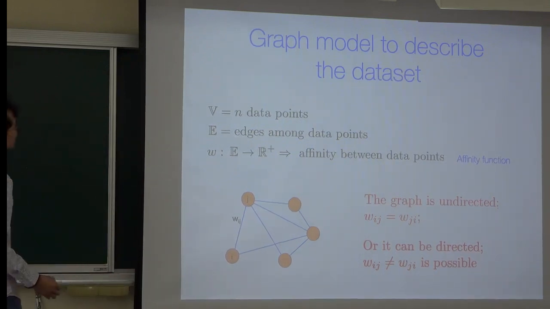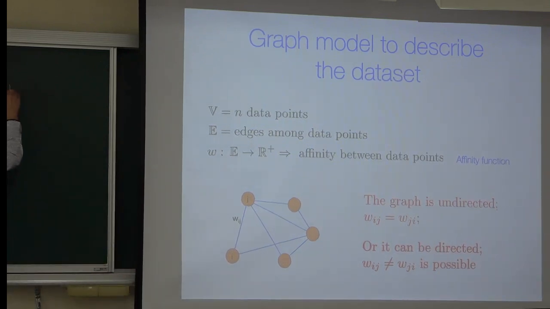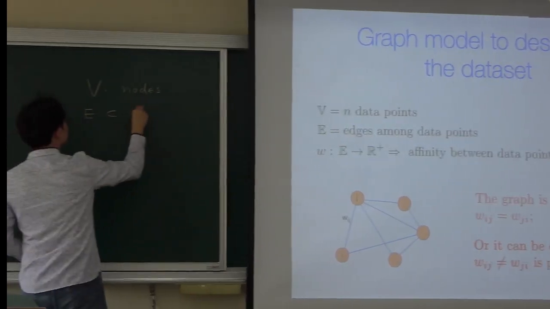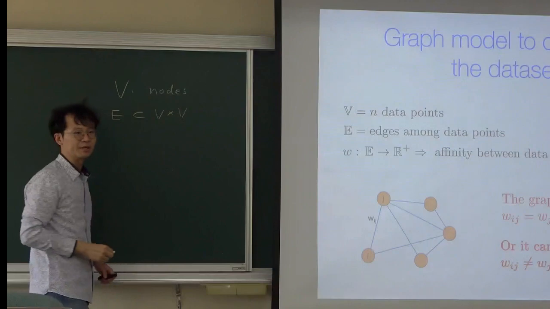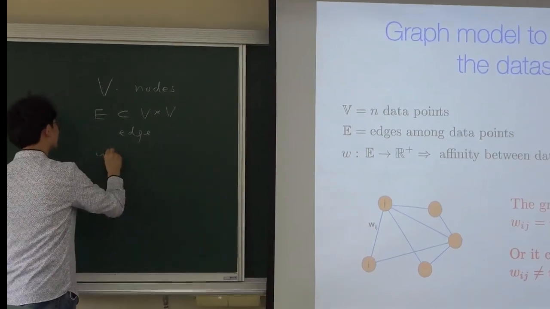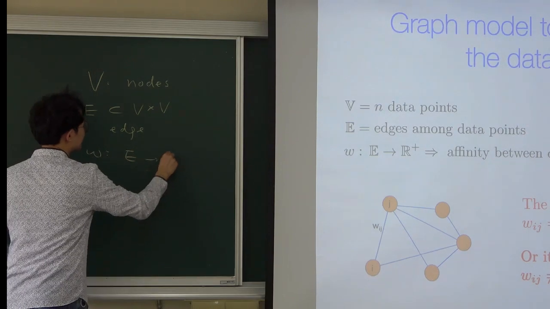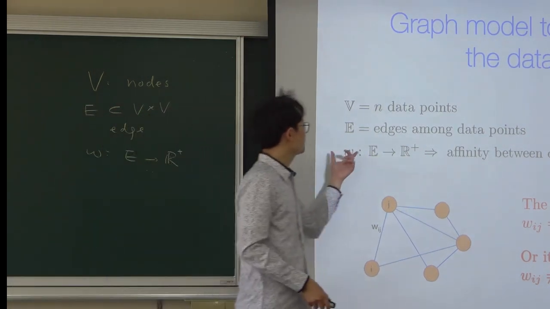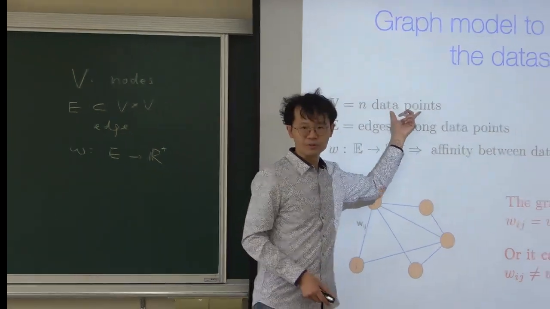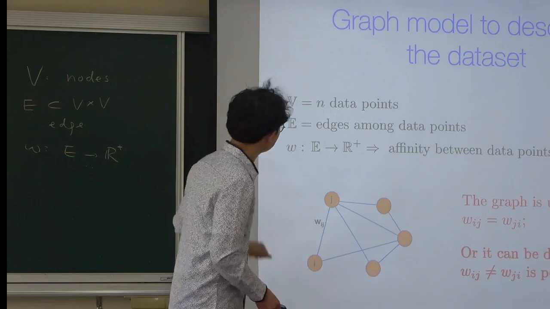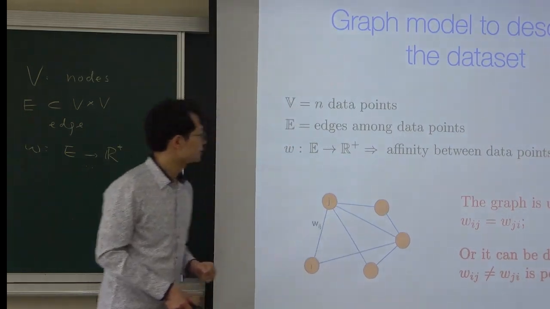So V is the nodes, and E you can view as a subset of V times V. So these are the edges. And then you will have omega, which we call affinity, that describes how similar two data points are inside the data set. So sometimes this W is called the affinity function.